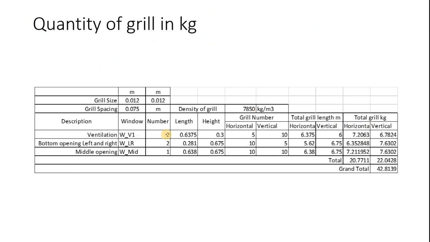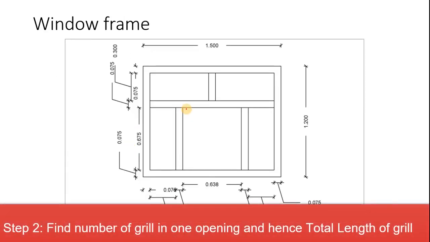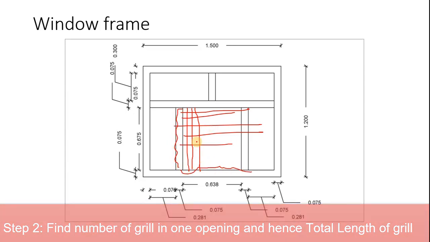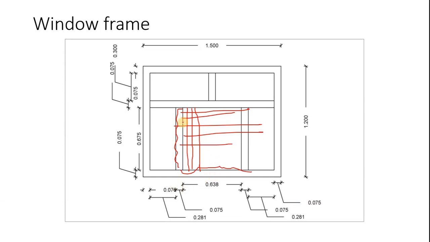Let's find the length. We already found the length of one grill. Now we need to find the length of all the grills. These are the grills. Firstly, let's find how many grills can be accommodated in this middle portion, and similarly for others we will calculate.